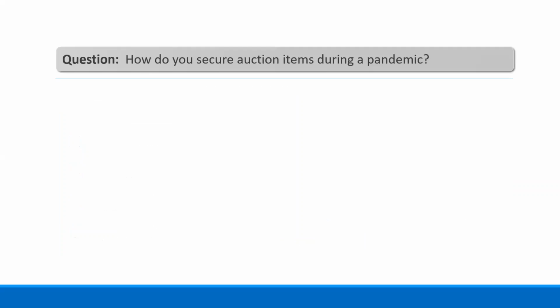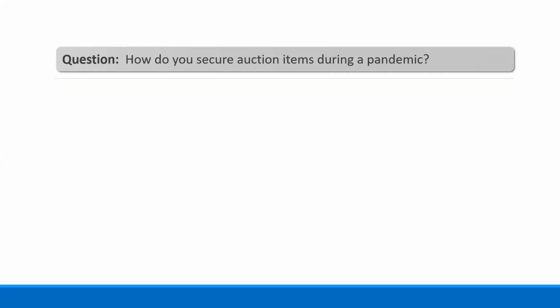Another question we were asked during the registration phase was, how do you secure auction items during a pandemic? This is a really difficult question. You have to consider that a lot of the small businesses today have closed doors because they are not an essential business. So getting donations of gift baskets or lessons is quite difficult.